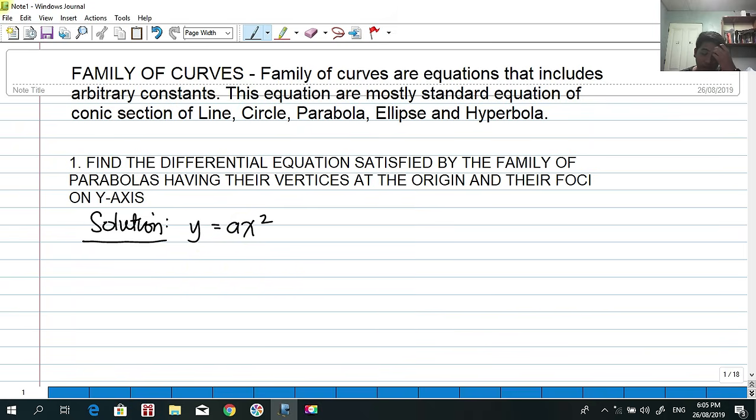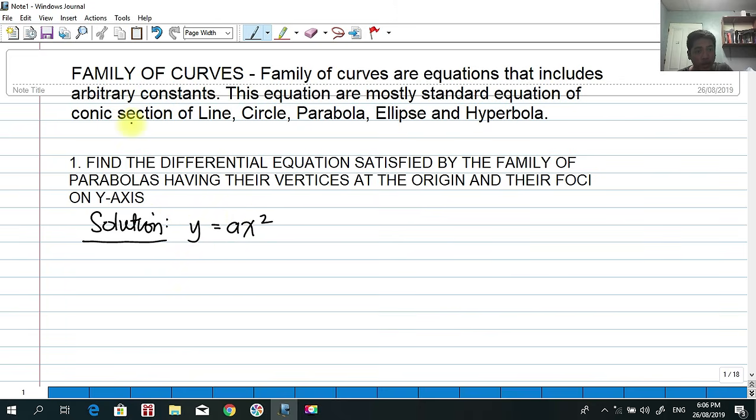Actually, it's 4a, but we can simplify it into a only. So this is our equation of that parabola with vertex at the origin and foci on the y-axis. So this is an arbitrary constant.